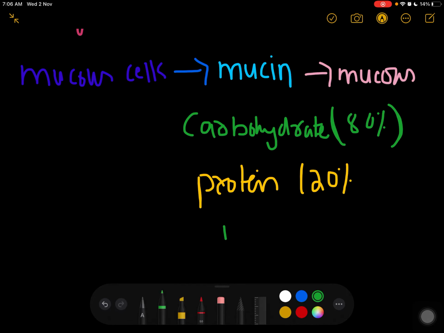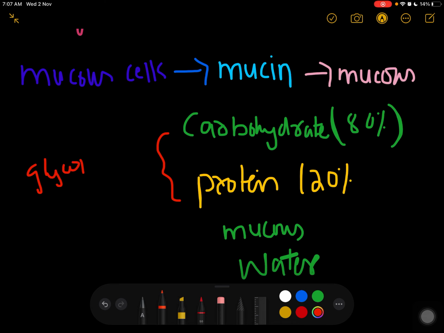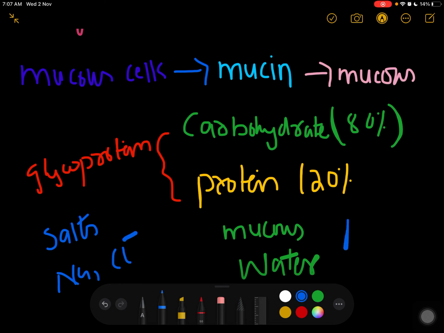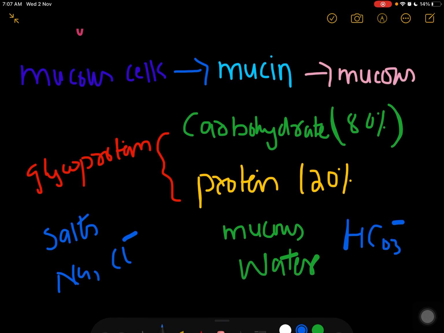They contain mucus and water. The carbohydrate plus protein is known as glycoprotein, so they contain glycoprotein. They also secrete some salts, like sodium chloride ions and hydrogen carbonate. Basically there are two types of salts, organic and inorganic, and both are involved in this.